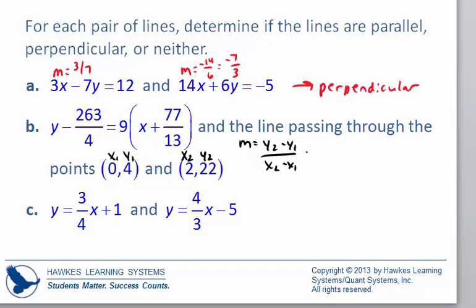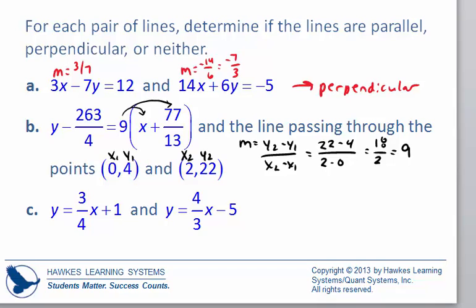And so for the y, we're going to have 22 minus 4. For the x's, we'll have 2 minus 0. 22 minus 4 is 18. 2 minus 0 is 2. The slope is 9. Now, if you look at your first equation, you can see that even though it's not really simplified, as we simplify it, we're going to distribute that 9 through that parenthesis.